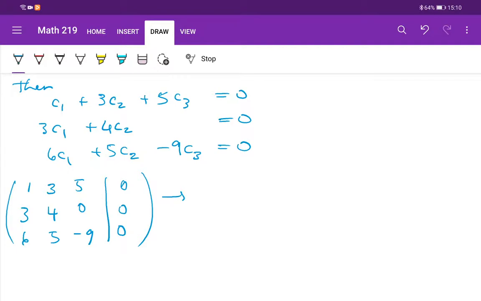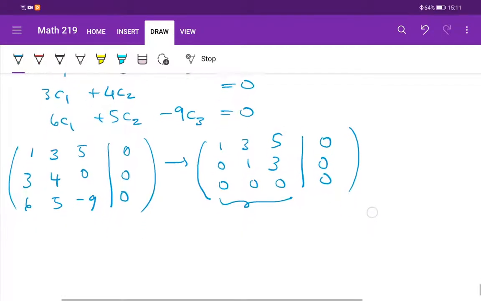I won't write down what they explicitly are, but when you do row operations on this, we can transform it to this. So, exercise: do this. Here the matrix is row reduced. This is a row echelon matrix.